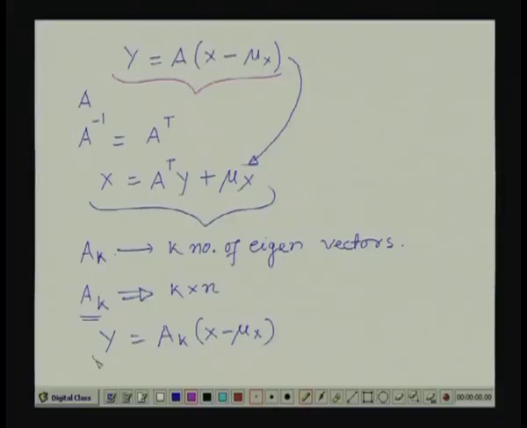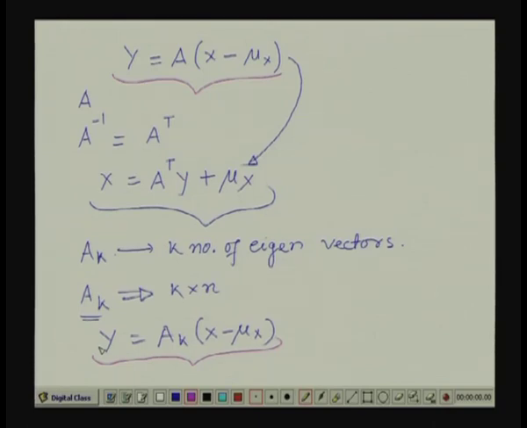But when I make a reduced transformation matrix A considering only k number of eigenvectors, using the same transformation, the transformed vectors y that I get are no longer of dimension n, but vectors of dimension k.